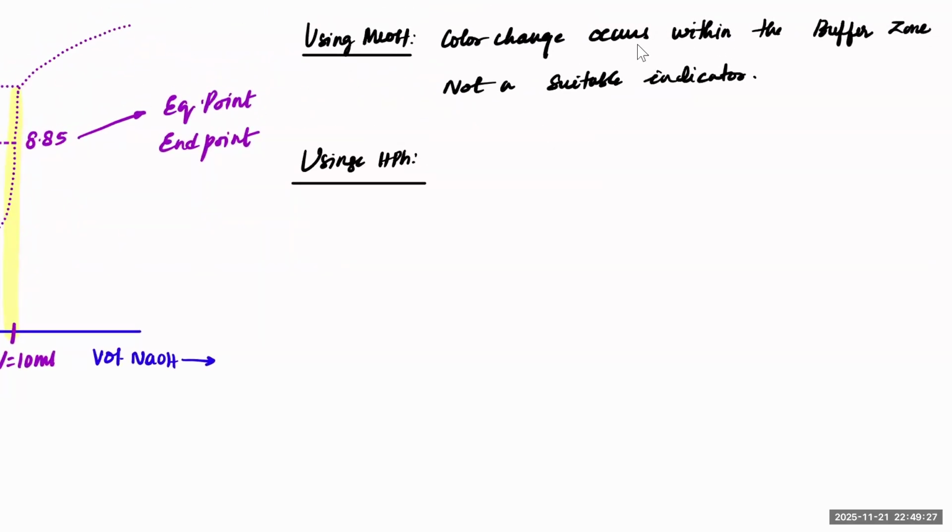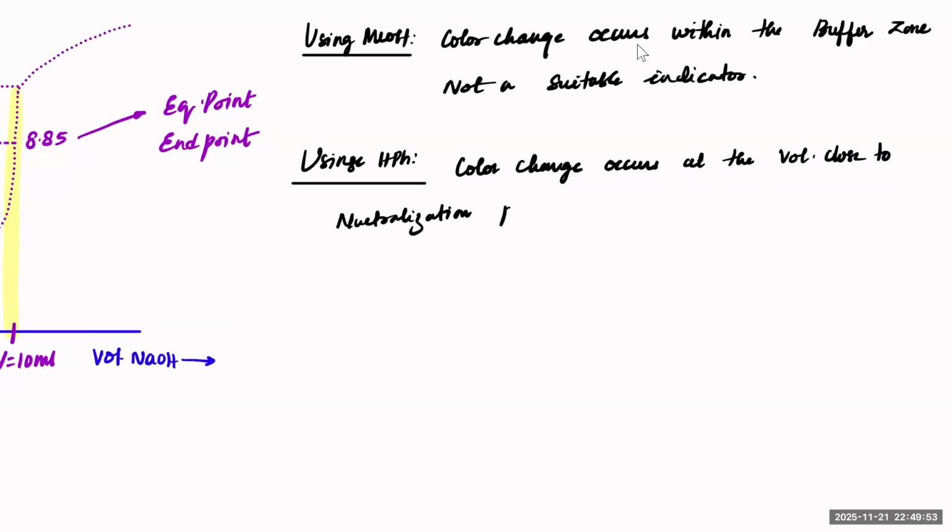Okay. So the color change occurs at the volume close to the neutralization point.